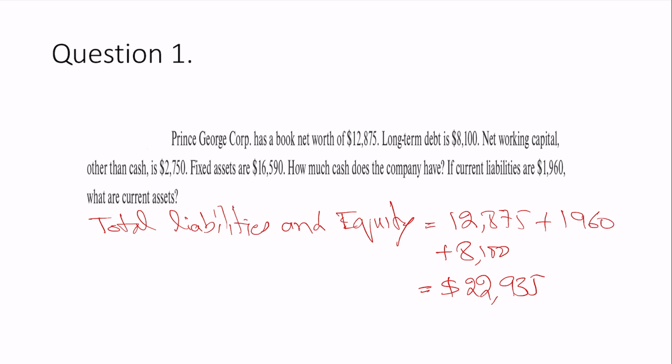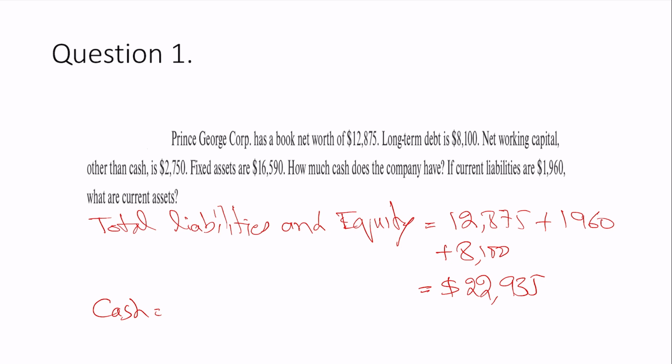So we know that cash is equal to total liabilities and equity minus the current assets other than cash and also the fixed assets.